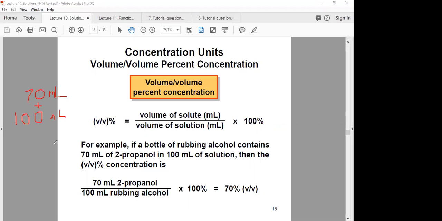So it's not 70 in 100, but 70 and 100. That means this total volume changes, doesn't it? Yep. So that would actually be 70 divided by 170. All right, so look out for this, because there is a trick tutorial question designed just for that.